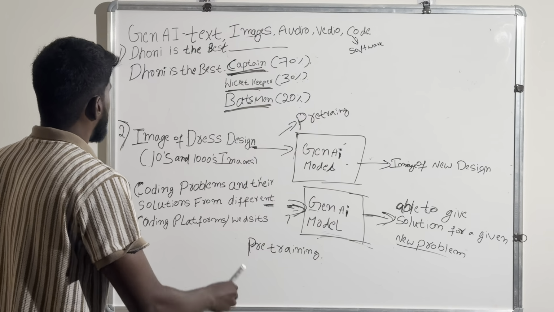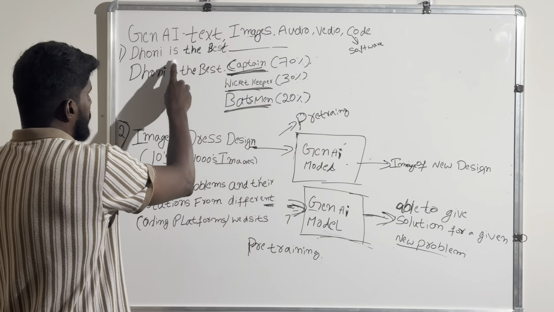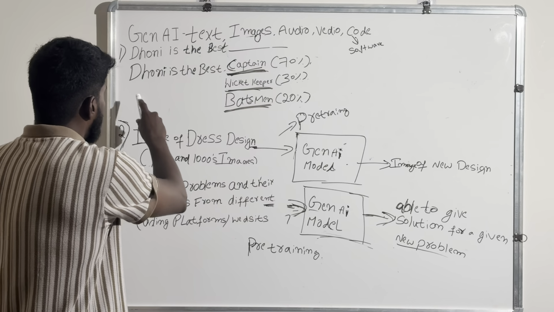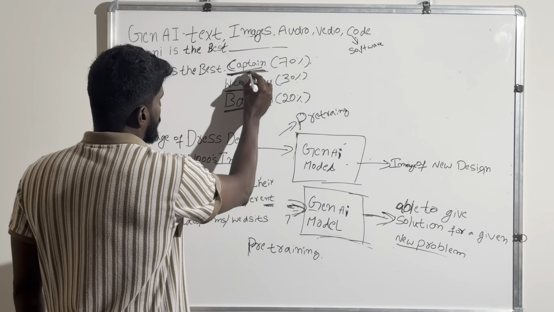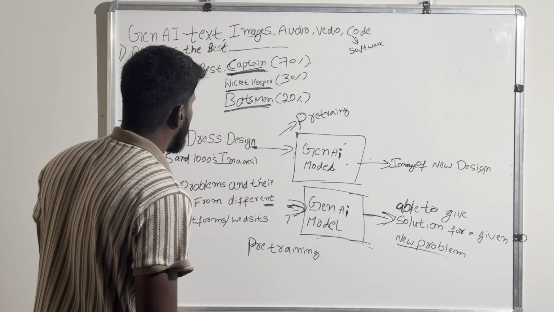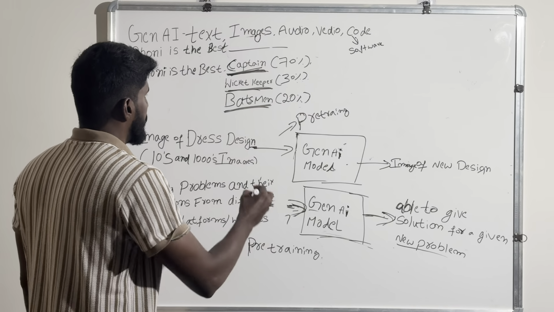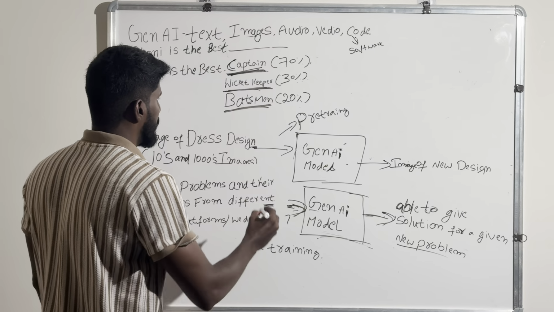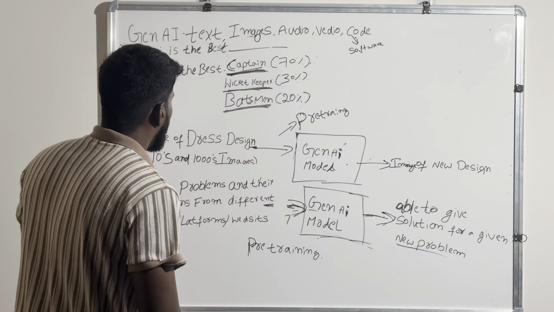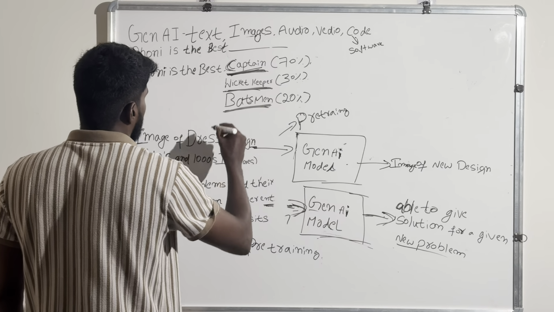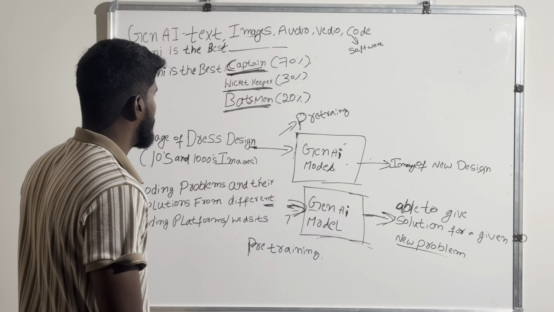Let's take the example. Dhoni is the best. When I read this sentence, Dhoni is the best, the next word that comes to my mind is captain. You might be thinking wicket keeper. Another one might be thinking best batsman, right? How are we getting to know Dhoni is the best captain or a wicket keeper or a batsman?